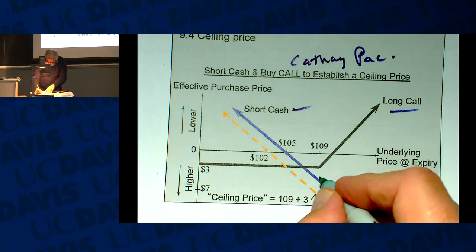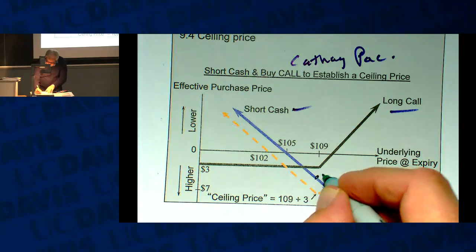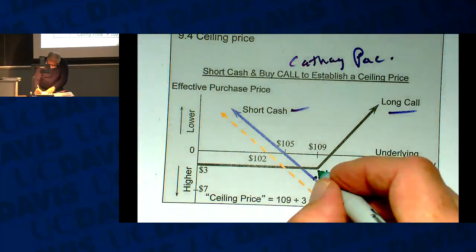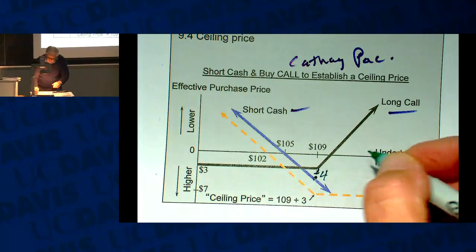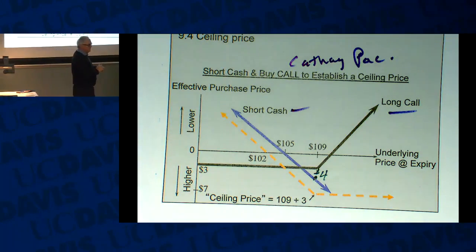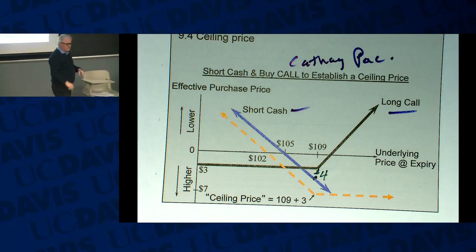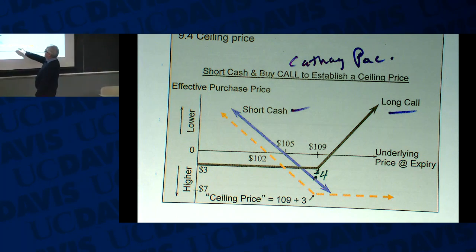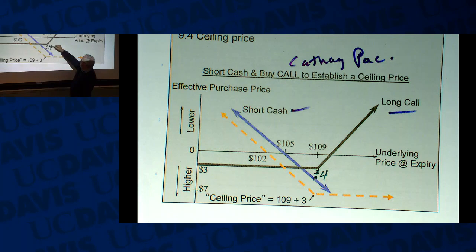So we can look at this and say, well, okay, if the cash price is 105 and it goes up to 109, then that's an additional $4 that we're paying for the oil, right? That's not good for Cathay Pacific if the cash price rises. And we're paying $3 for the premium, right? So 4 plus 3 again is 7.